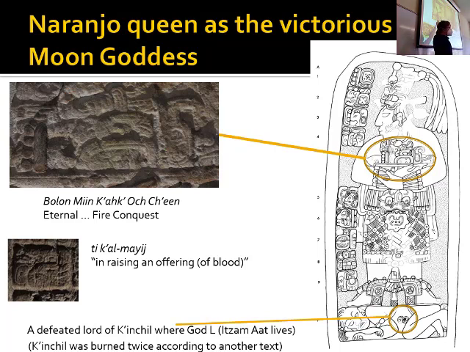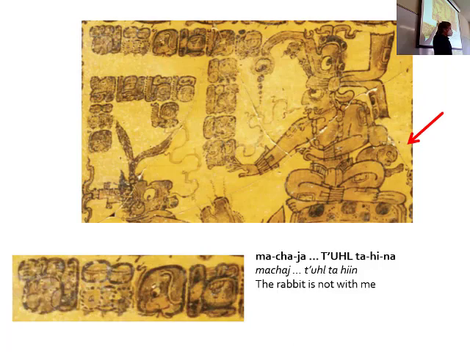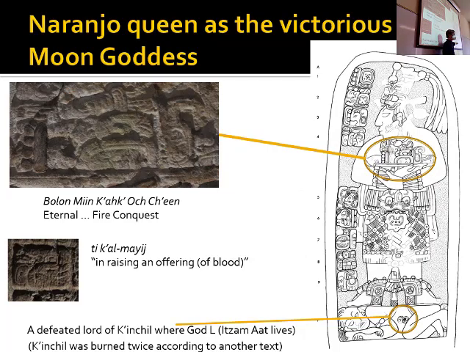The god of Kinchil is this fella. This is their god. We know it once again from inscriptions. They say that he lived in Kinchil. That was his mountain. So they literally recreate the story physically, right? She is the moon goddess. She defeats him.